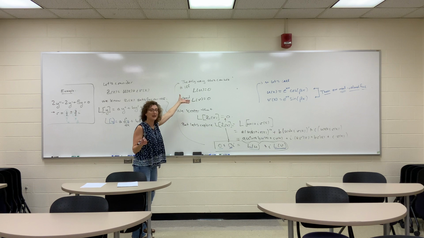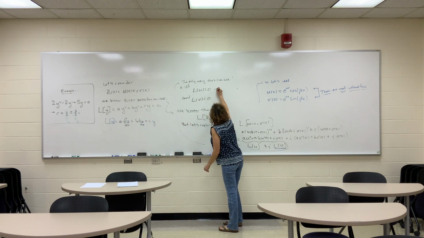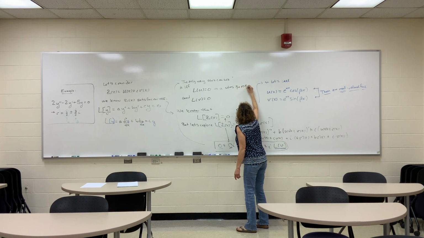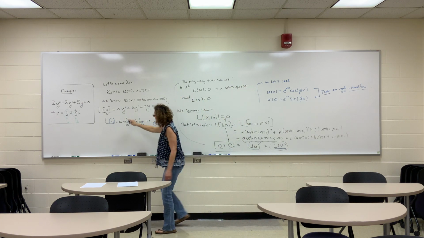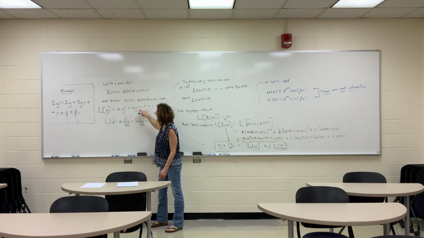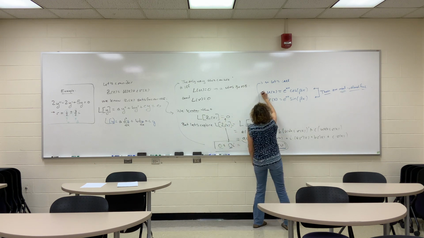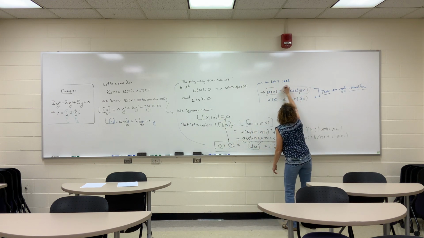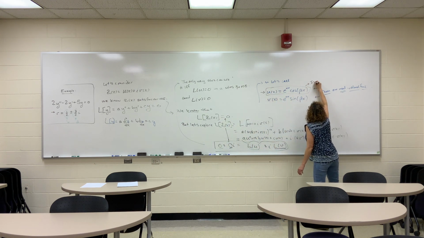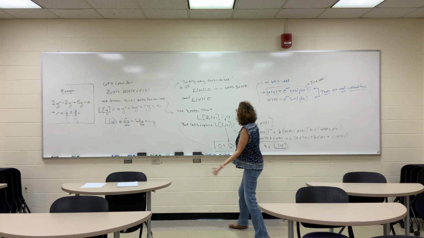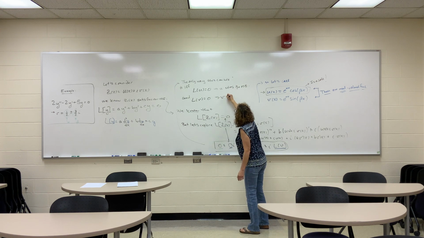Well, what does this mean then? This means u solves the ODE. If L of u is 0, that means a times u double prime plus b times u prime plus c times u has to be 0. So this real valued function is a solution. And what does this mean? v solves the ODE, right?